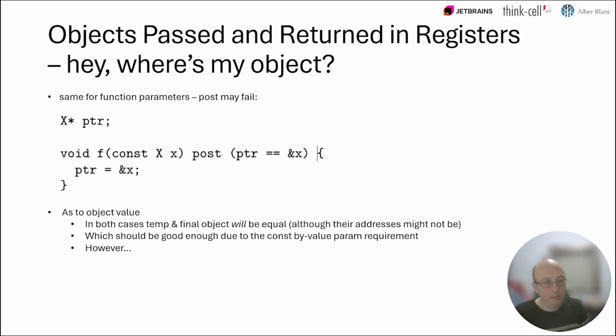So in most cases, this is good enough for us. We don't really care about the object address, aka identity. However, it turns out that it's not absolutely always the case either.